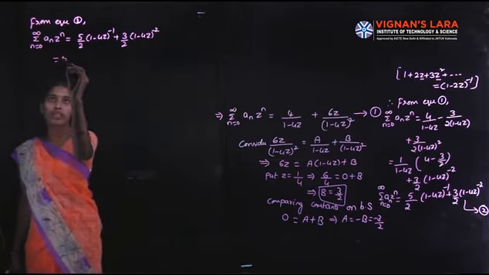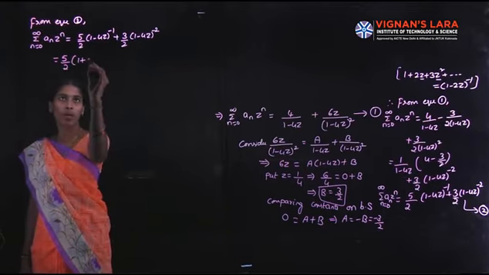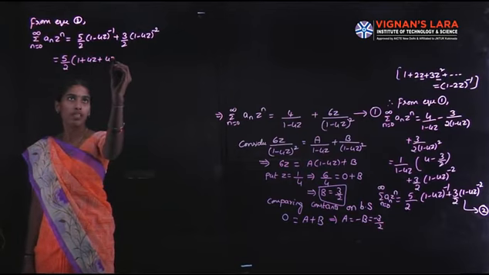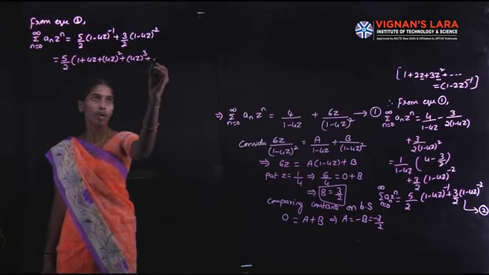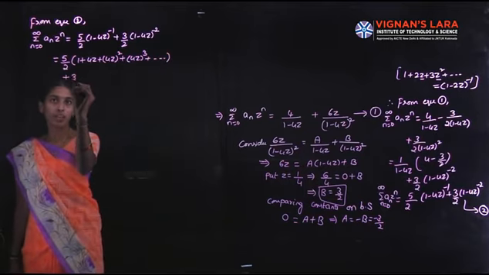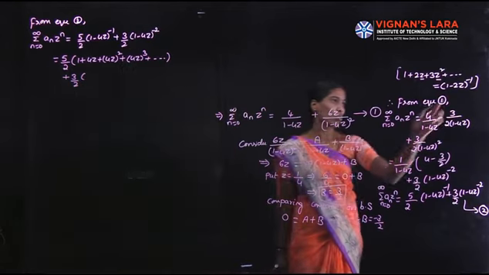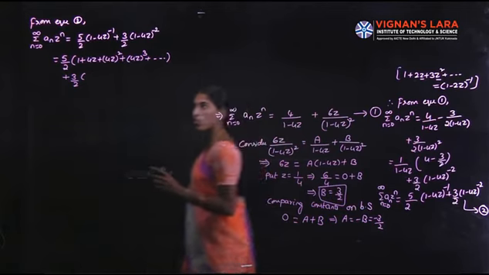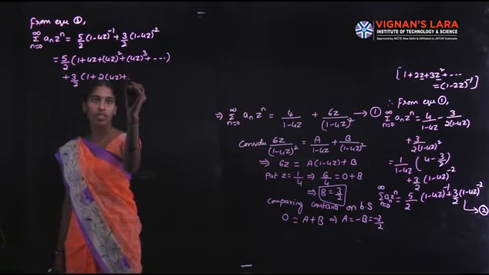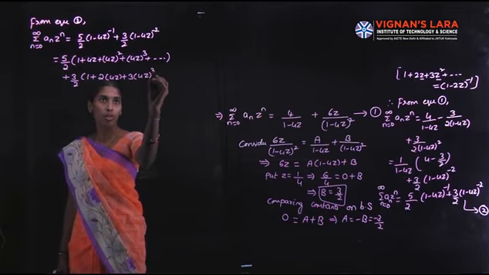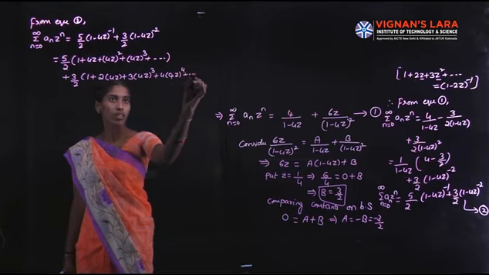Now it is equal to 5 by 2. Expand this using the (1 minus z) whole inverse formula: 1 plus 4z plus (4z) whole square plus (4z) whole cube and so on. Plus 3 by 2 into, expand this using the (1 minus 4z) whole power minus 2 formula, which is 1 plus 2 into 4z plus 3 into (4z) whole square plus 4 into (4z) whole cube and so on.